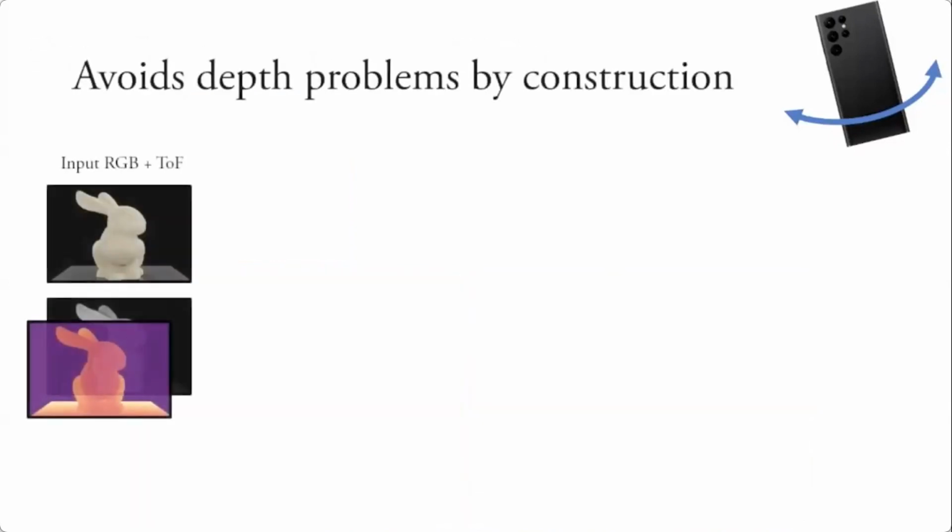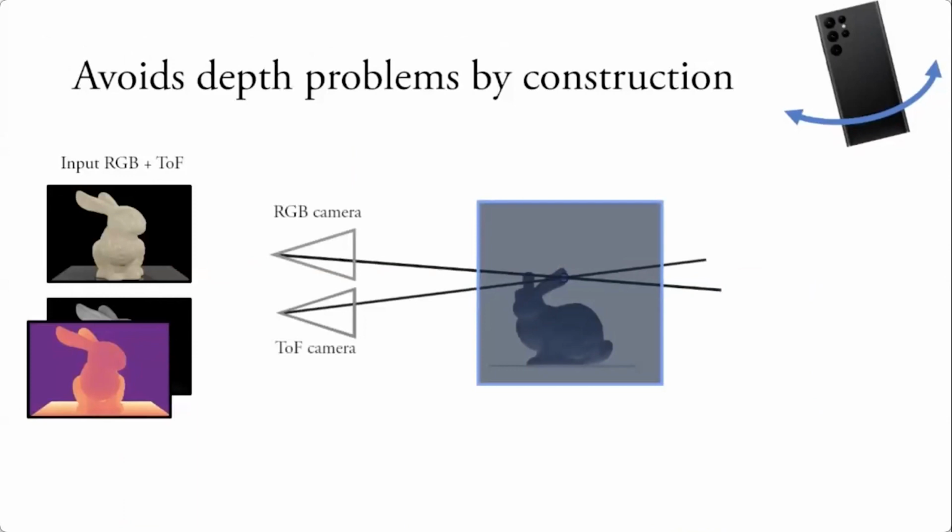How this works is that we have additional information from the RGB sensor that can be used to alleviate the noise and incorrectness from the time of flight signal. And so we pose a problem in which the reconstruction of the scene must be consistent between the time of flight camera that provides us with some information about depth and the RGB camera, which, as I wave my smartphone back and forth over time, also provides me some information about the depth of the scene via triangulation.